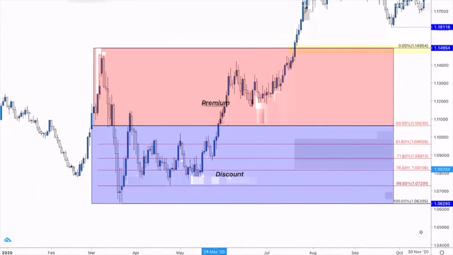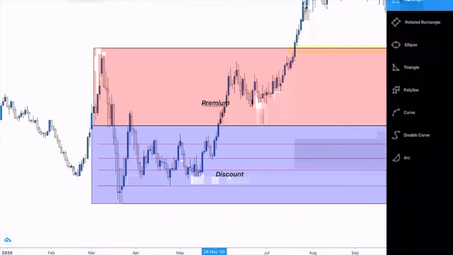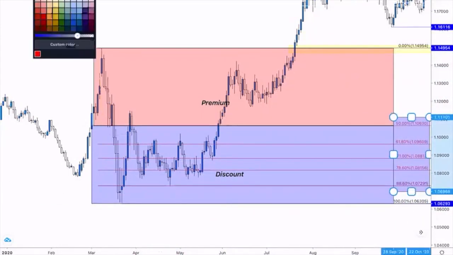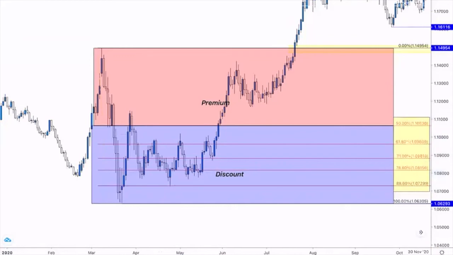So if you were to buy anything, right, would you buy it at premium or discount price? Discount. So if it's in a range, you want to get the best price you can. Knowing the Fibonacci retracement levels over here, these key levels are where price likes to react off of.